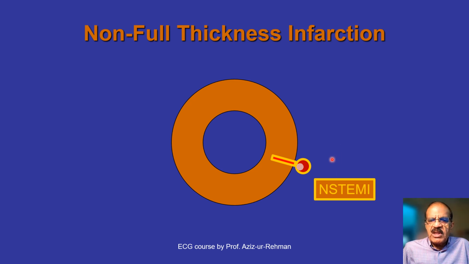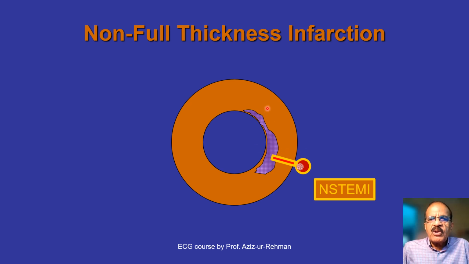Since there is no ST segment elevation, it is at least hard to identify the culprit artery, if not impossible. So this is a subcomplete occlusion, causing damage starting from inside but not reaching the surface of the myocardium. This is non-full thickness infarction.